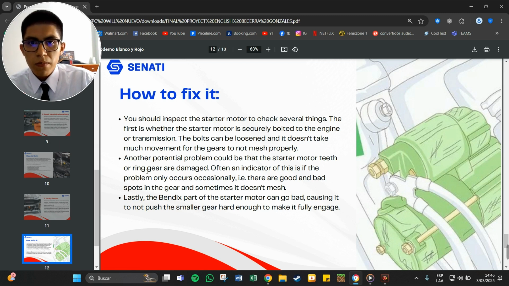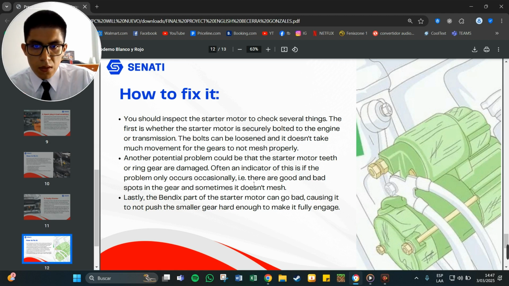Another potential problem could be that the starter motor or ring gear damages the mesh. Often an indicator of this is that the problem only occurs occasionally.